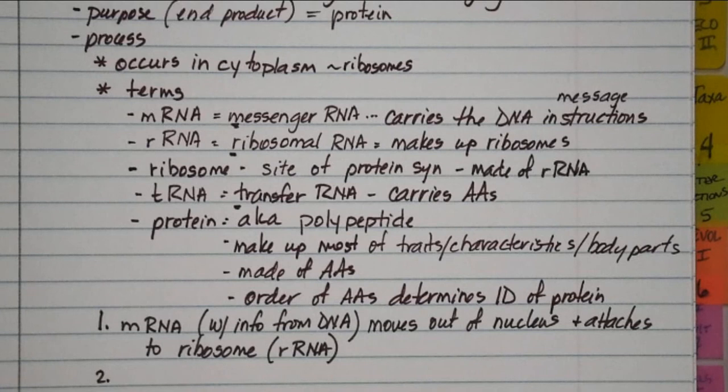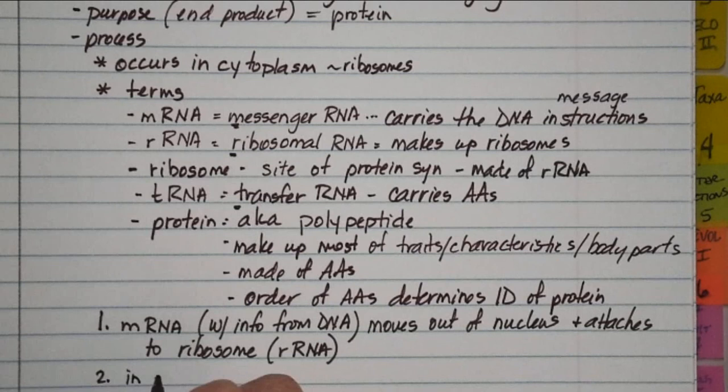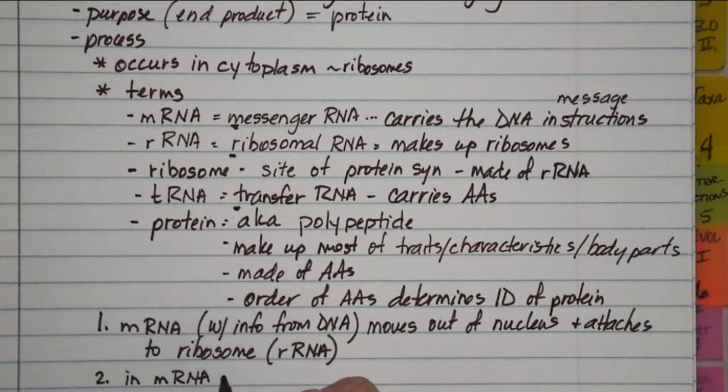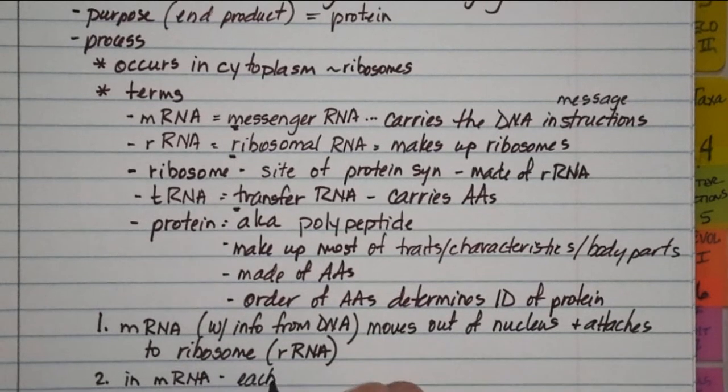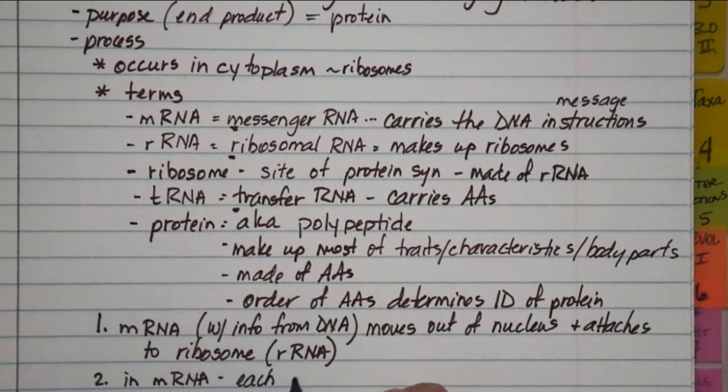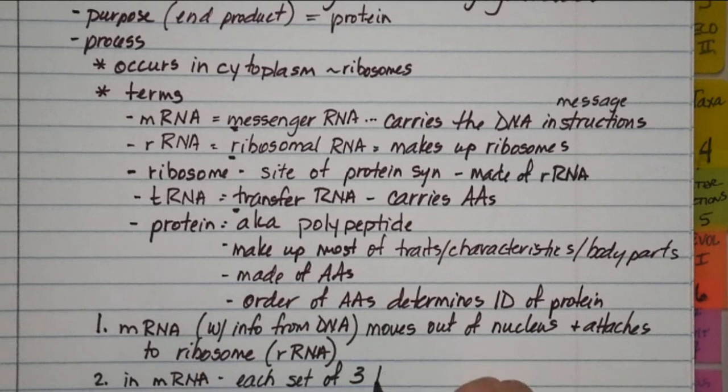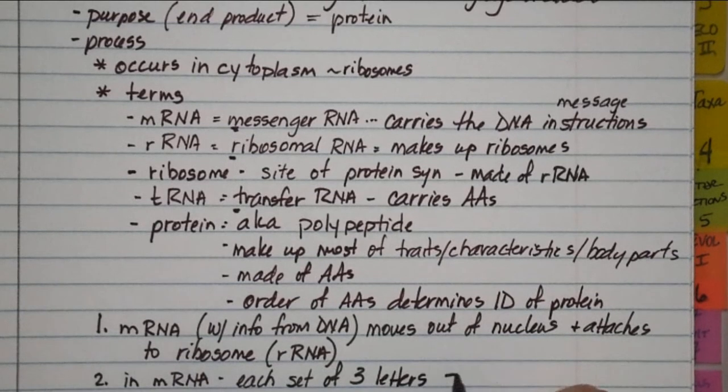So in mRNA, each set of 3 letters, each C, G, A, whatever it is, is called a codon. It's like all the words in there are 3 letters long. So it's a secret code.